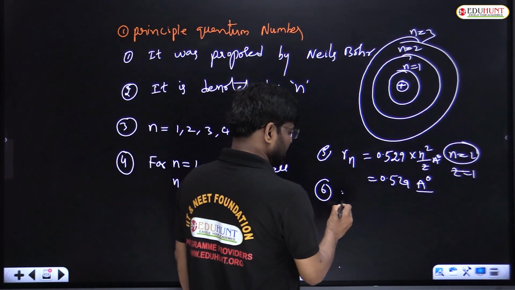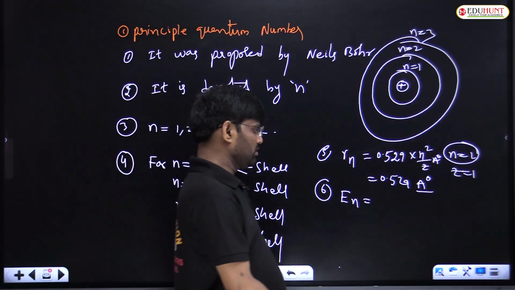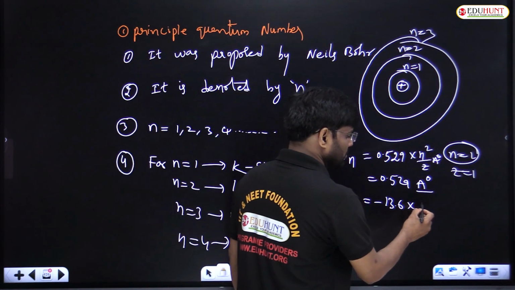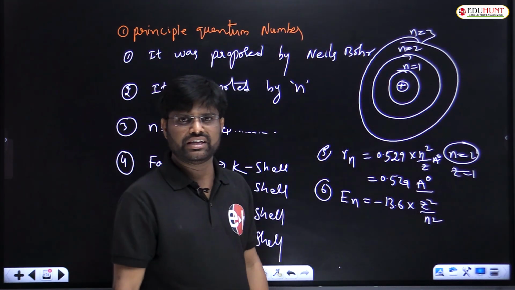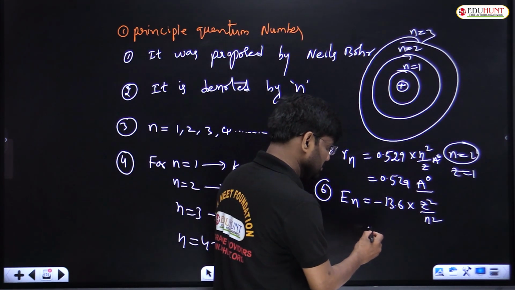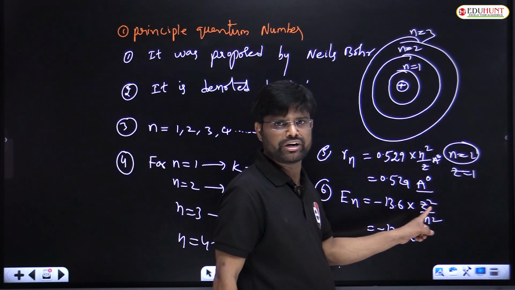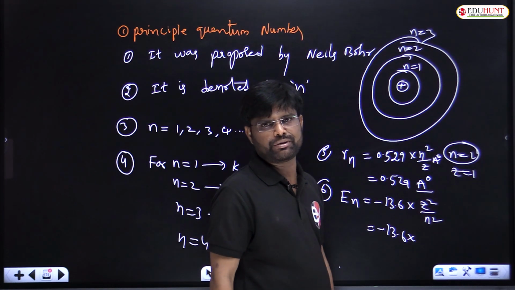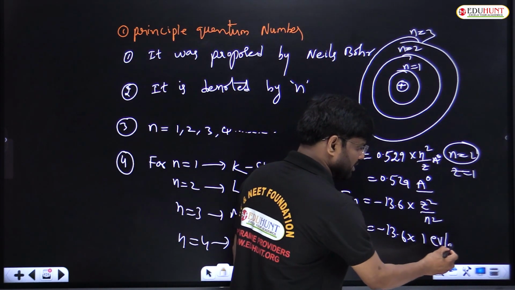Sixth point: energy of an electron is minus 13.6 into Z square by n square. For the first orbit: minus 13.6 into Z square, atomic number 1 square, by n square. First orbit, 1 square, so the answer is 1. The unit is electron volt per atom.